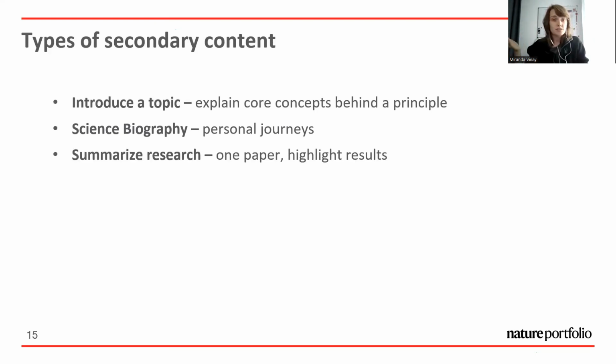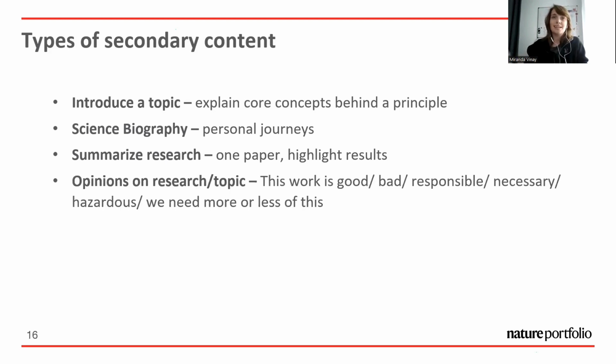It can summarize research, which are the reviews that I talked about previously, and it can give an opinion on research or a topic. For example, I think that this research direction is very promising and more people should do that, or I think this research direction is not promising and we should stop spending federal funding on funding this research. You know, these are good, bad, responsible, necessary, we need more or less of this, etc.